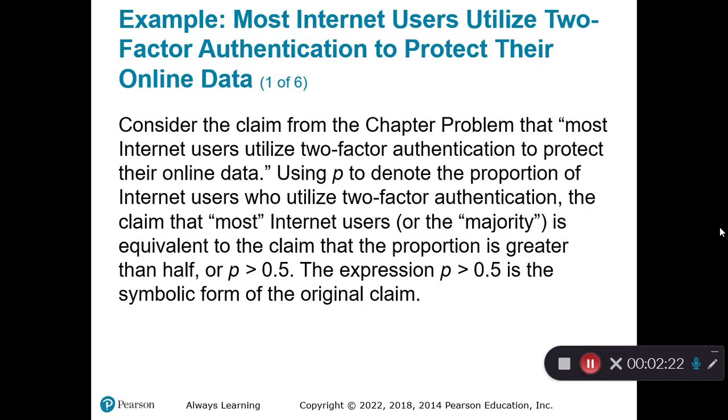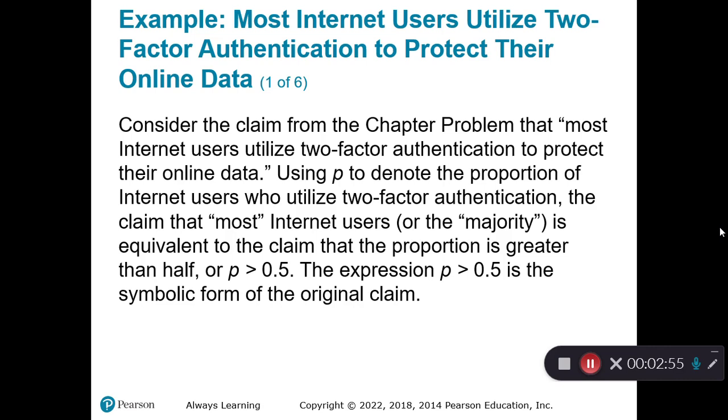Using lowercase p to denote the proportion of all internet users who utilize two-factor authentication, p here is a population proportion, right? It's a parameter, and the claim is about that parameter. Saying that most internet users use two-factor authentication is the same as saying that more than 50% of internet users utilize two-factor authentication.